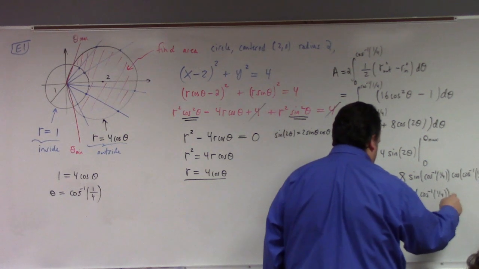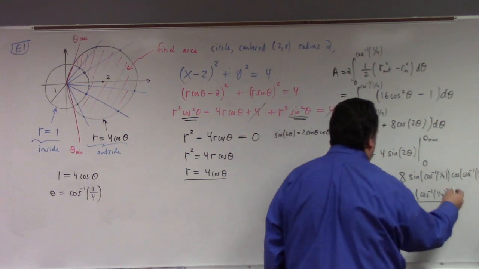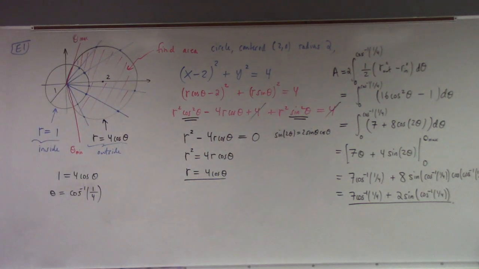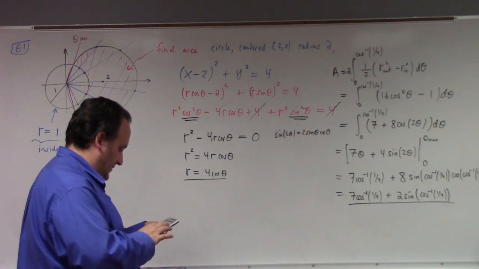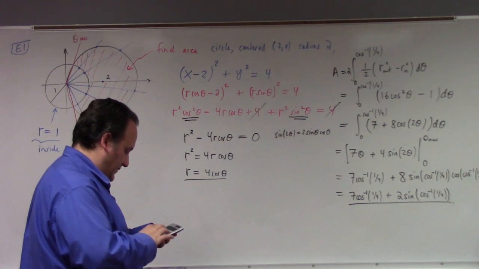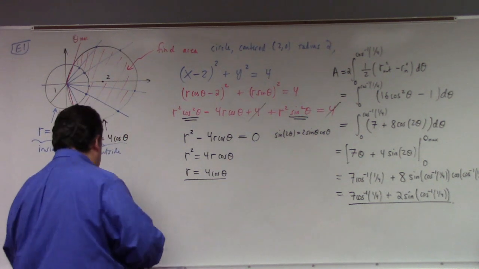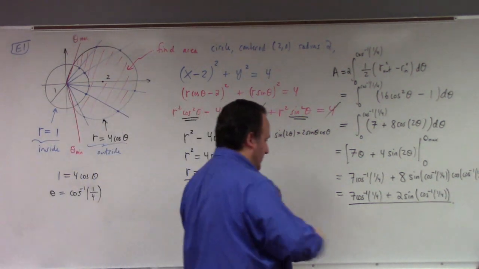Now, if you think it would have been easier to just plug inverse cosine of a quarter into my original formula, I think you'd be right. So we can try it out. 7 times inverse cosine of 1 divided by 4. So that's about 9.227 from the first term.